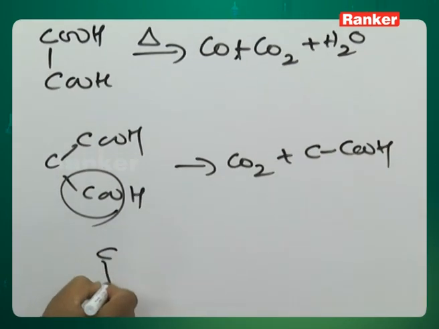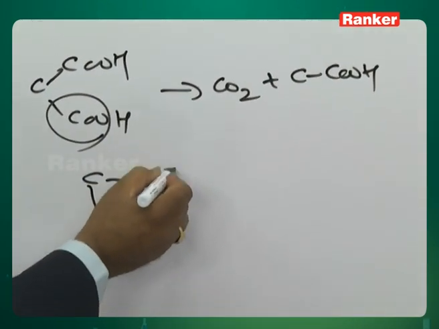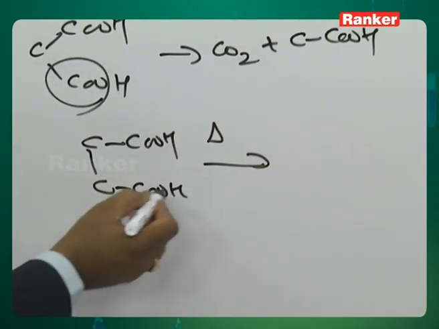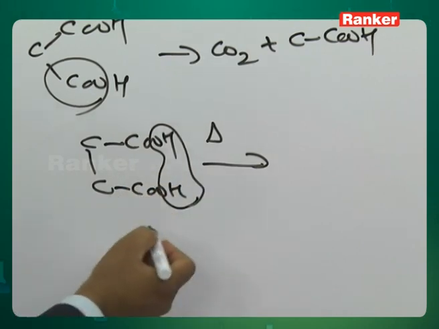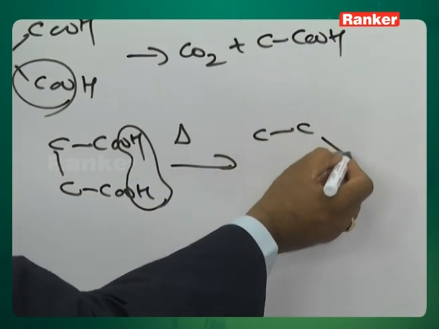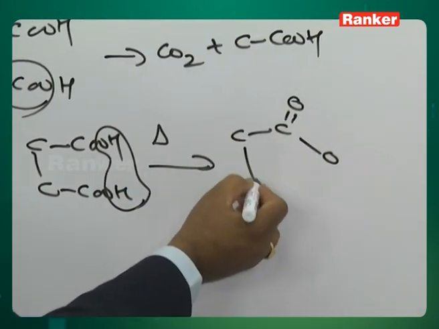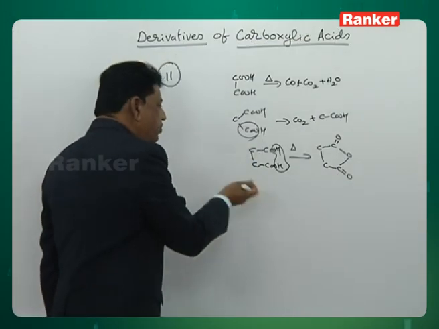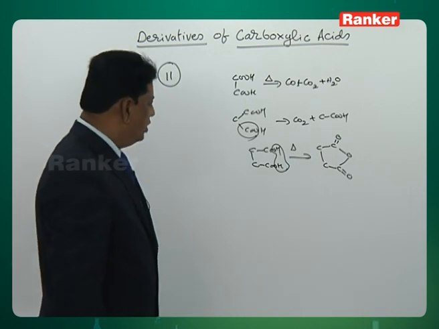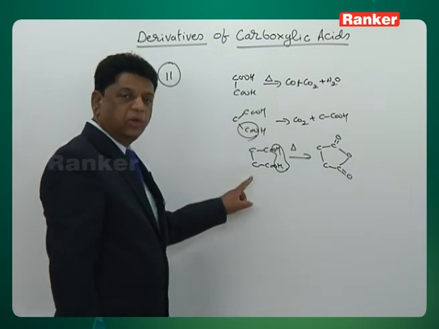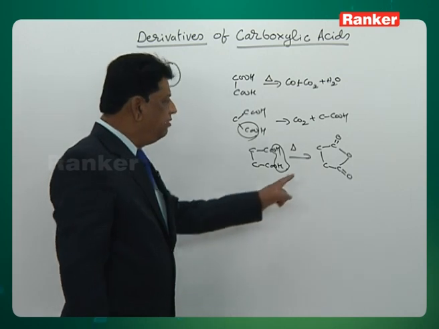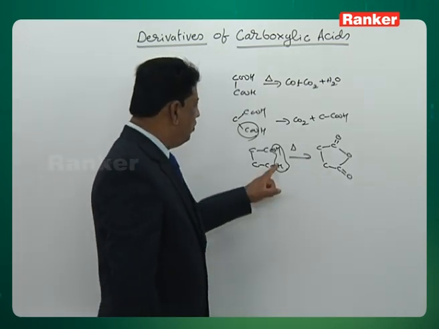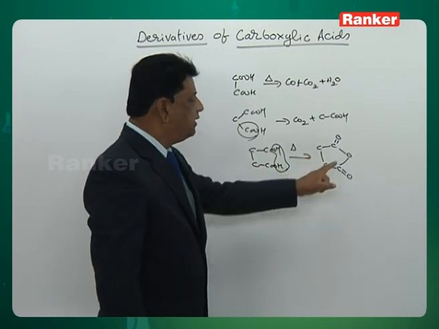When succinic acid onwards is heated, OH and H eliminate as water and a 5-membered ring anhydride is formed. Onwards, that means glutaric acid, adipic acid, they all give the corresponding anhydrides without loss of carbons. Only water is removed, but the carbons are retained.